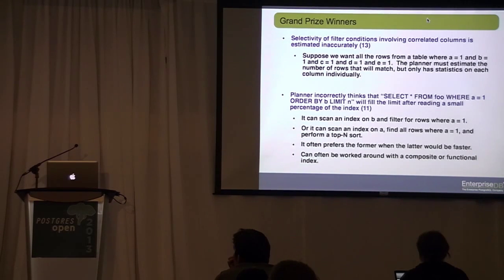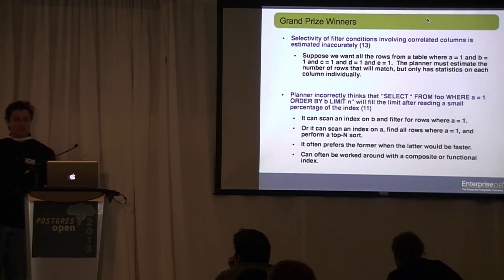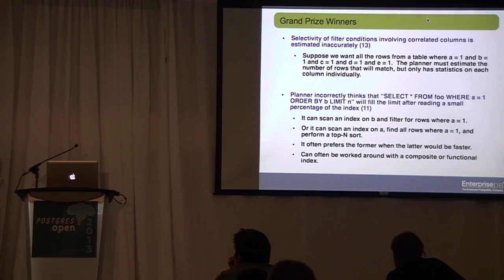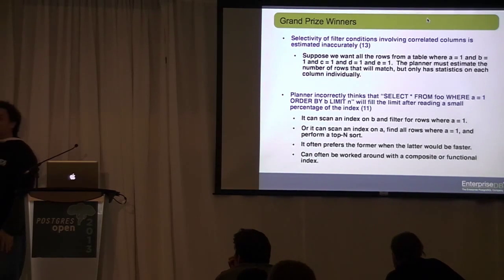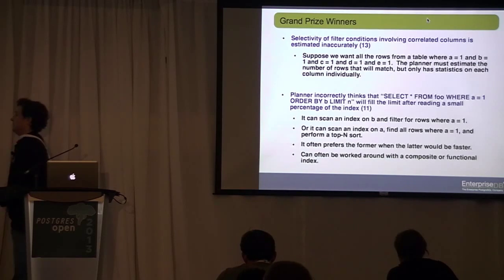It's like, I want the top 10 web pages with the most hits that are in category XYZ. Or I want the top 10 users with the most points, or whatever. People actually write that exact query with foo, A, B, and N changed to various different values a lot. And it sucks.